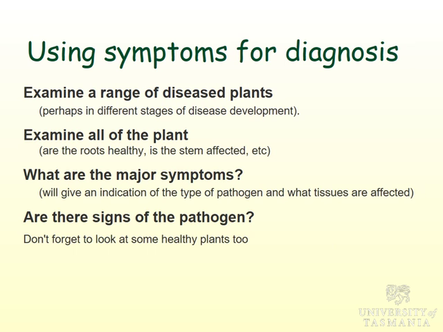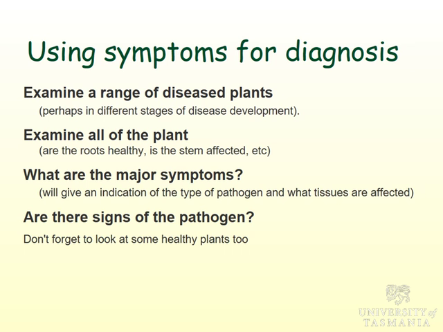So, in summarising it or putting it together, if you're going to use symptoms for diagnosis, first you need to examine a range of your diseased plants, because while we've got a whole bunch of symptoms there, they might vary. They might vary with different stages of plant development. They might vary with different strains of the pathogen.